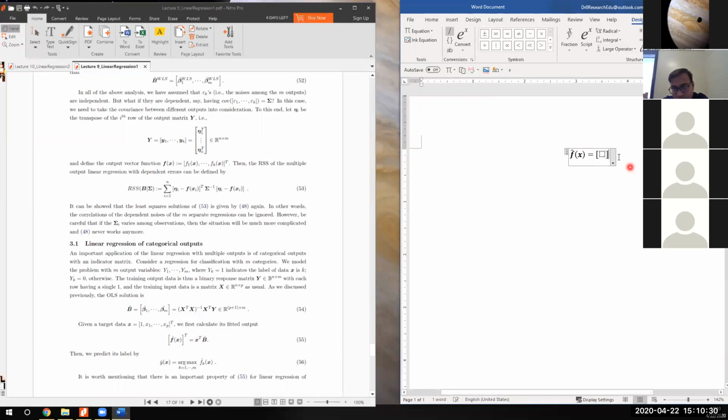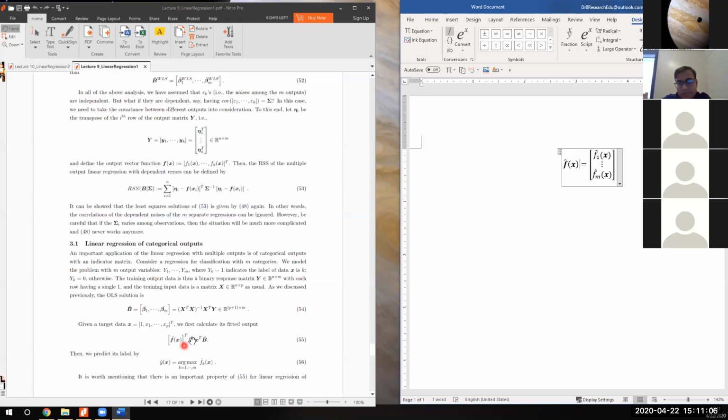This is actually a vector function. This equals f hat 1 x, and so on. So here you go. This f x is in this way, okay?